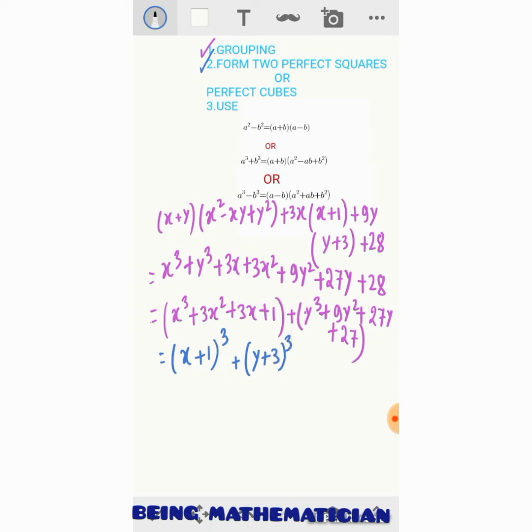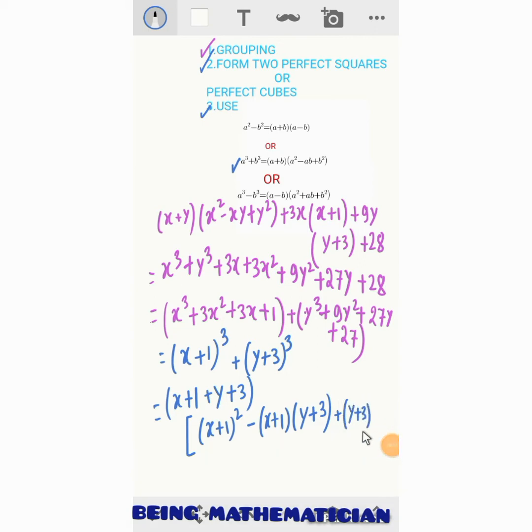And now we can apply this formula and complete the third step, that is x plus 1 plus y plus 3 into x plus 1 whole square minus x plus 1 into y plus 3 plus y plus 3 whole square.